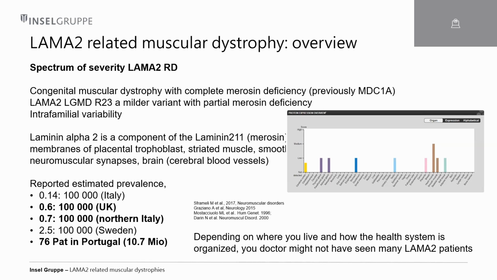And what is also important about this prevalence data is that depending on where you live and how the health system is organized, the doctor that you see may not have seen many LAMA2 patients. So you always have to keep that in mind. And this is also something that, if you are all together, I think we can bring a lot of things forward for improving standards of care.